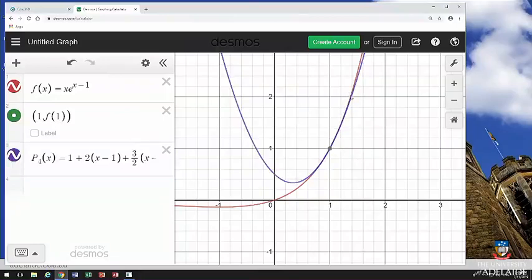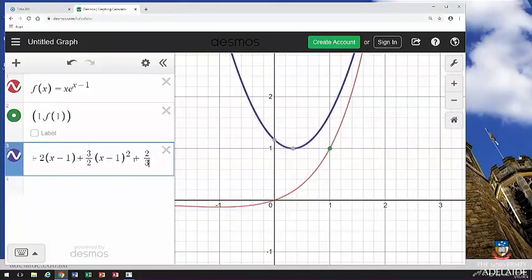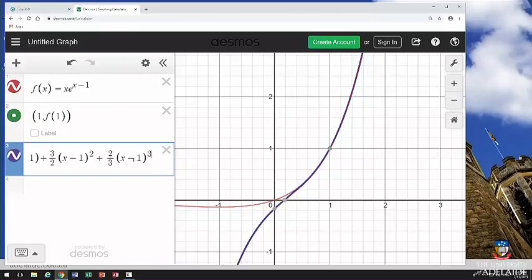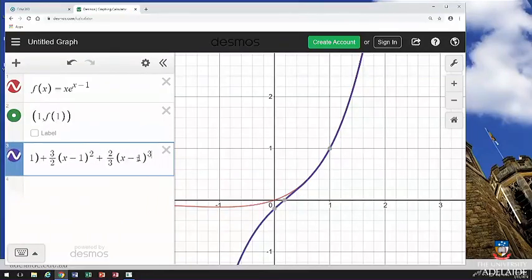And it's pretty good here. It gets very bad here. And now I'll put the next term in, which was 2/3 cubed. And now it's actually looking extremely good over this side. It's a little bit better here than it was. And now I'll put the next one in.